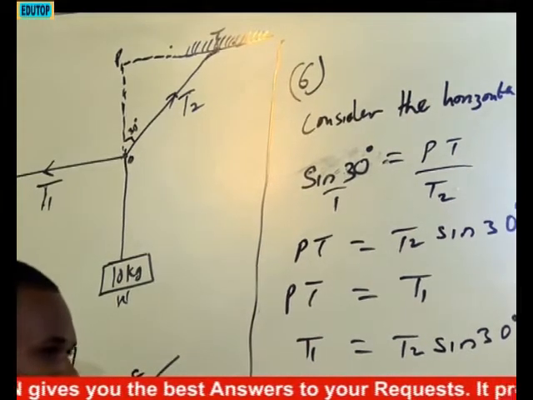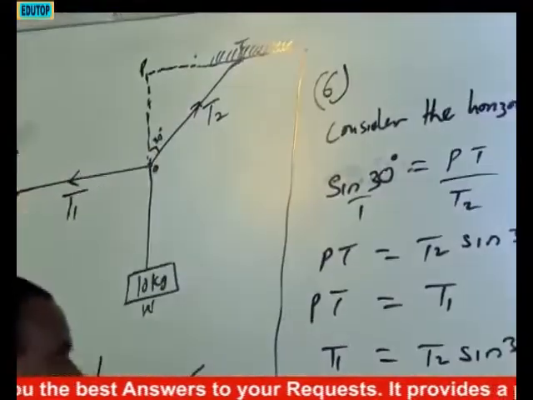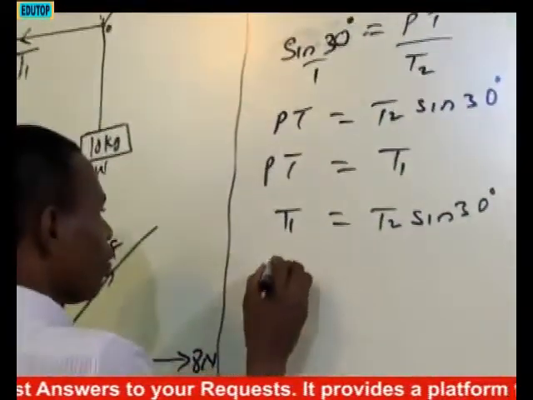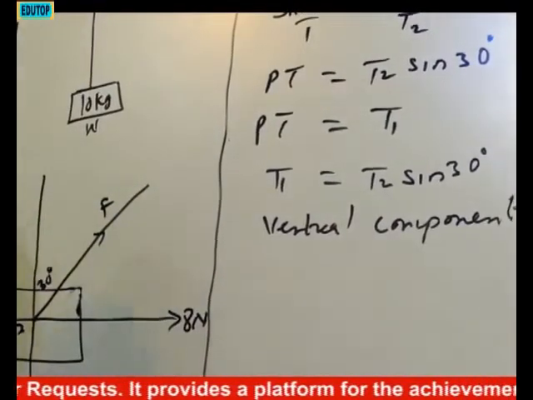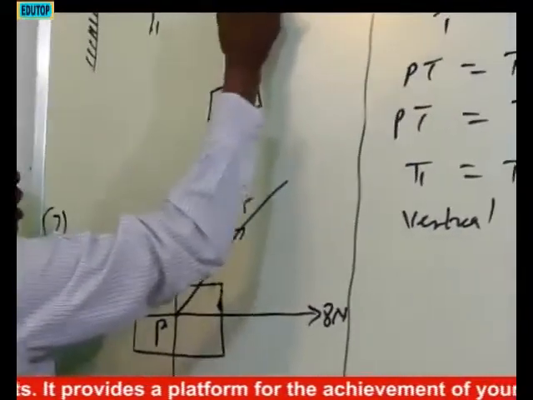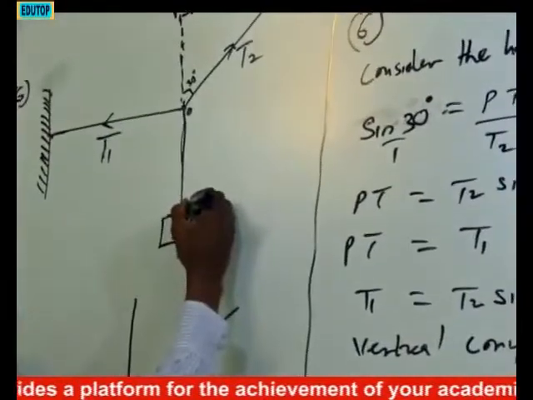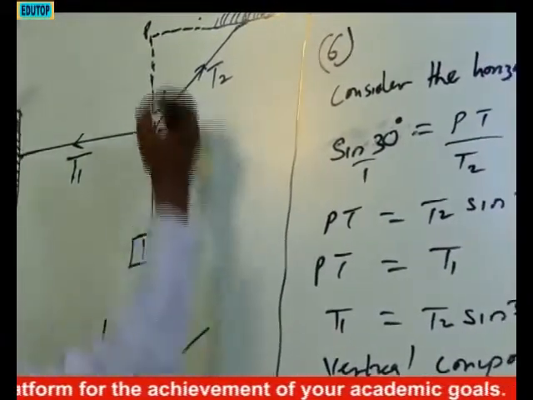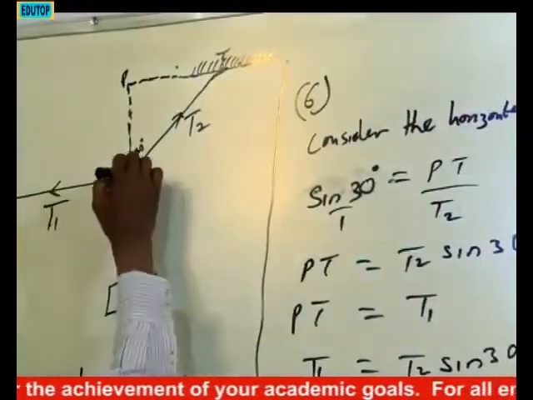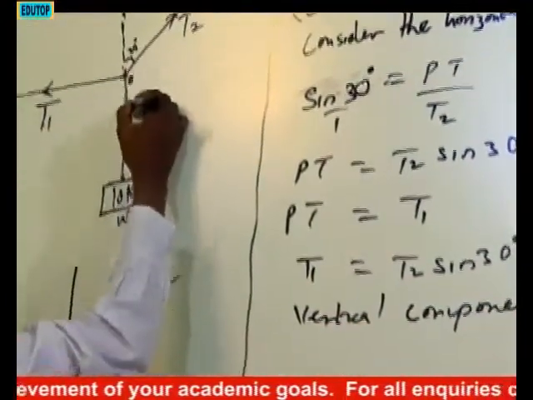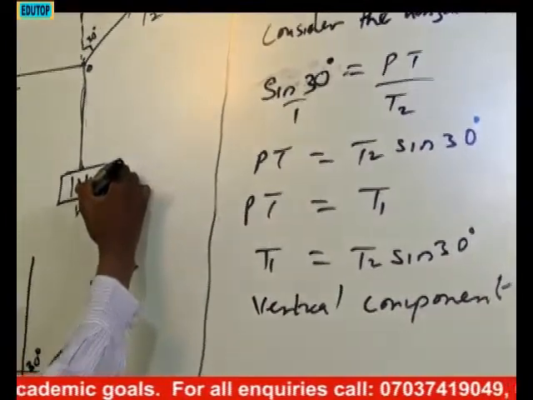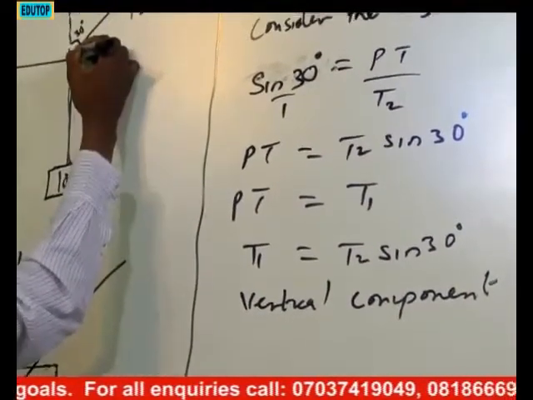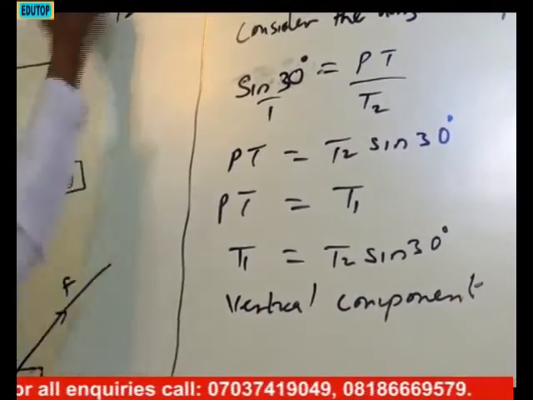That's for horizontal. What about the vertical components? What are the vertical components? This is for horizontal, we consider this. For vertical, this is the weight acting downward, with mass 10 kg. Then we are going to resolve this angle also in vertical.